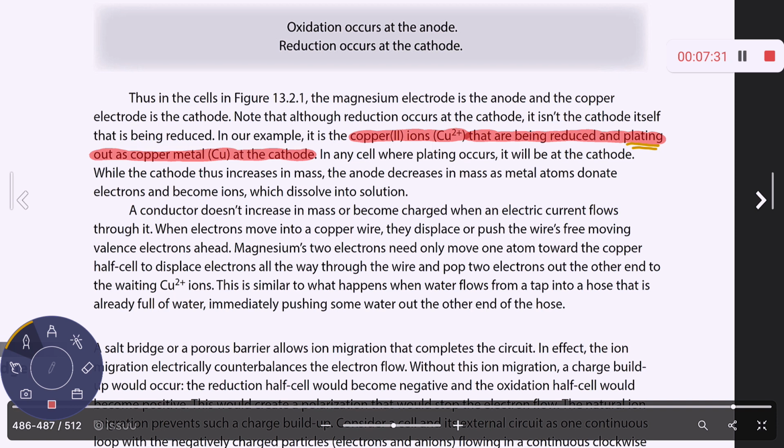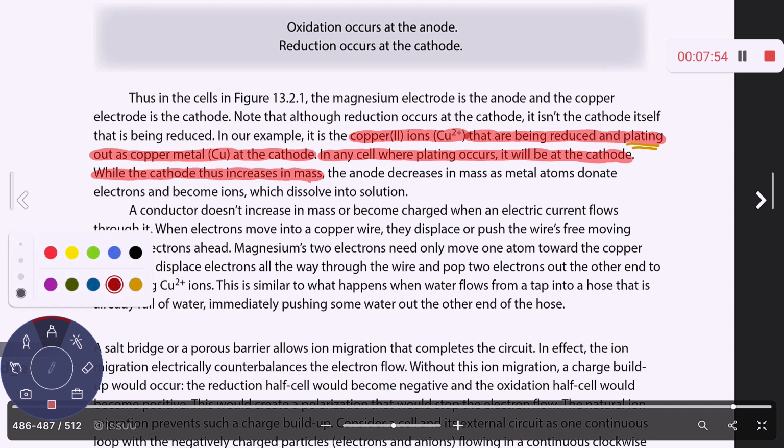Okay, so wherever plating is occurring, that electrode will actually end up gaining in mass. And then here it says, in any cell where plating occurs, it will be at the cathode, and the cathode will increase in mass.